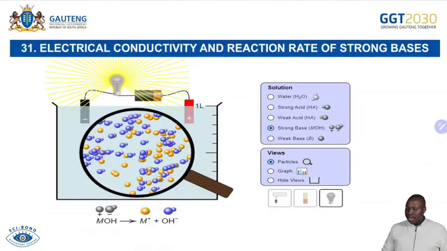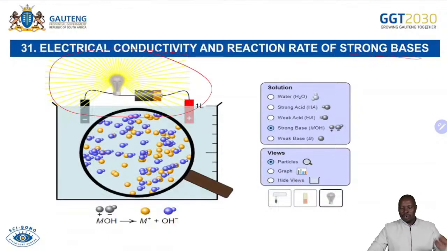But when you look at the electrical conductivity and reaction rate of a strong base, because we said it dissociates completely, it will have higher electrical conductivity, hence you have the brightness there. You can see it's very bright. Because it ionizes completely with more ions, we have a higher electrical conductivity and a higher reaction rate.